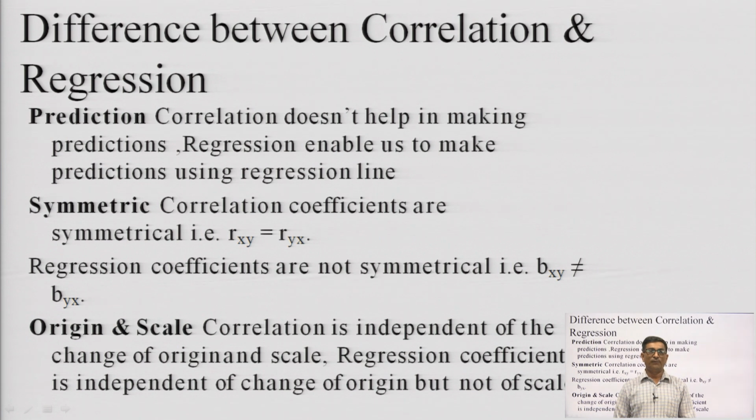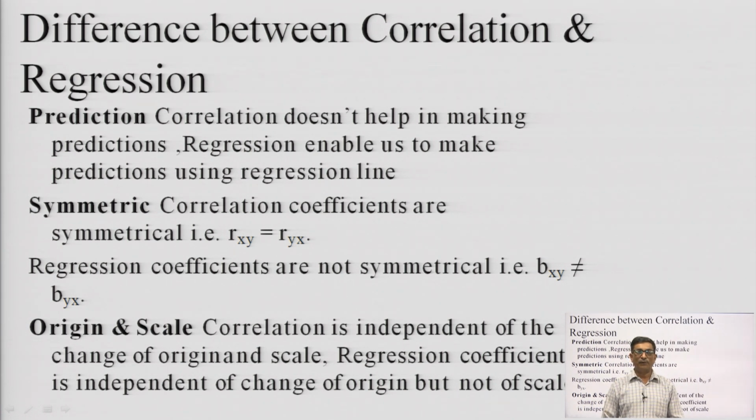That means if we calculate the correlation coefficient of y on x and of x on y, we get both equal, while in regression the regression coefficients are not symmetrical.